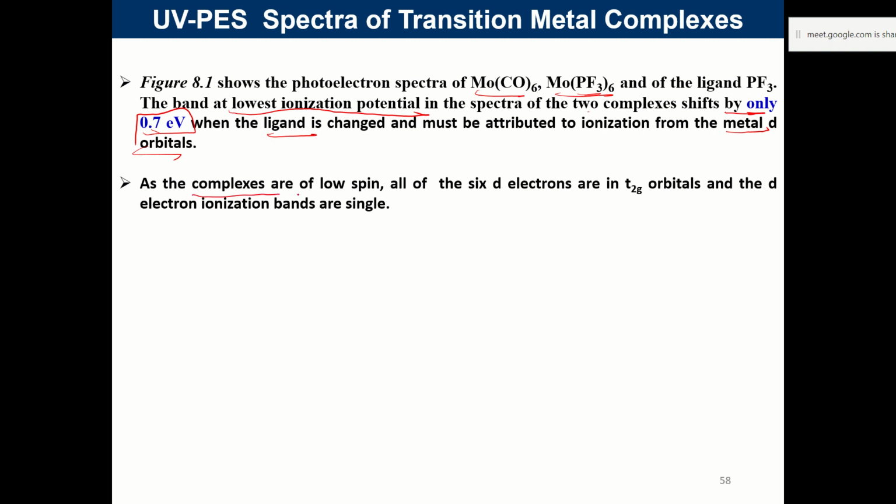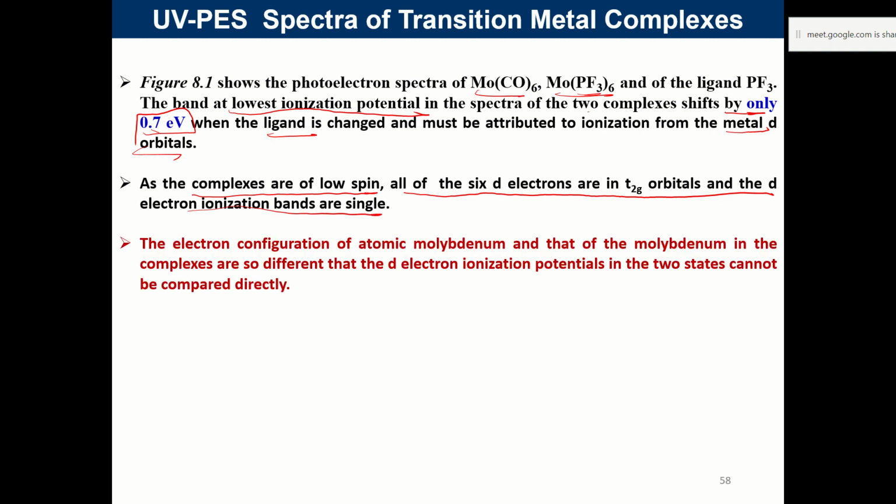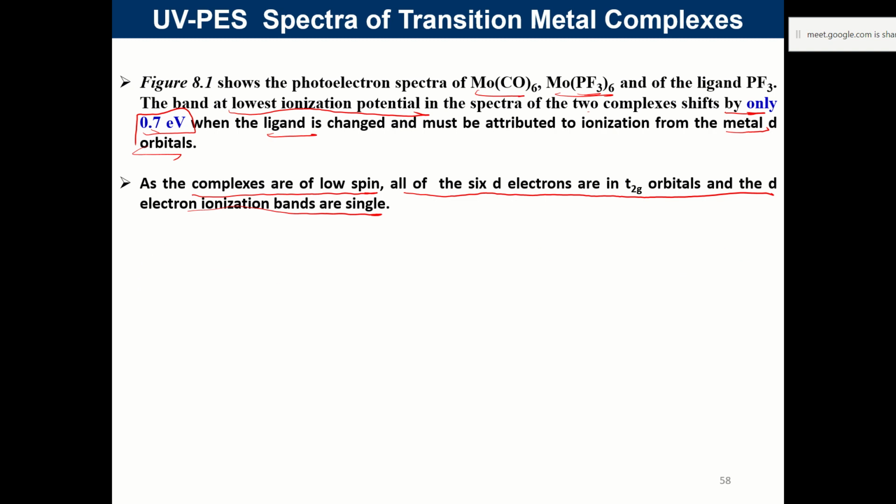So in all the low spin complexes, all of the 6 d electrons are in the T2g orbitals. So low spin complexes, that is 6 electrons in this T2g set, and the d electron ionization appears as a single band.